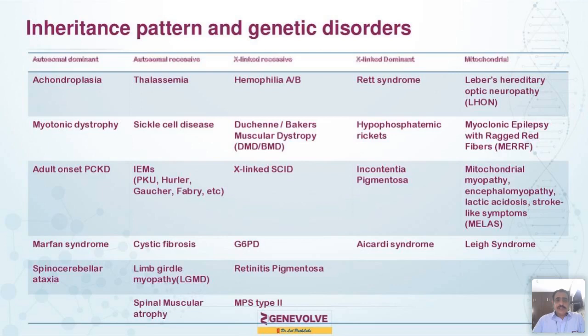It could be X-linked recessive, such as X-linked SCID, or X-linked dominant, such as Rett syndrome, or it could be that the nuclear DNA is not involved at all, and it is the mitochondrial DNA causing the disease, such as in Leigh syndrome.